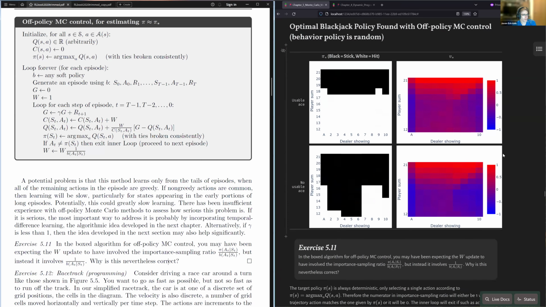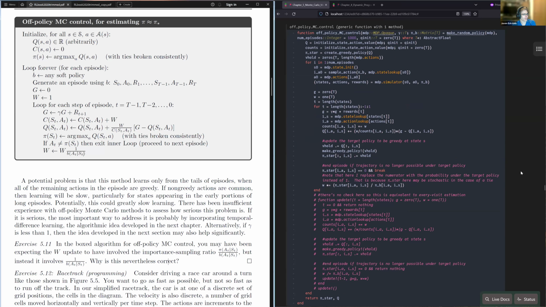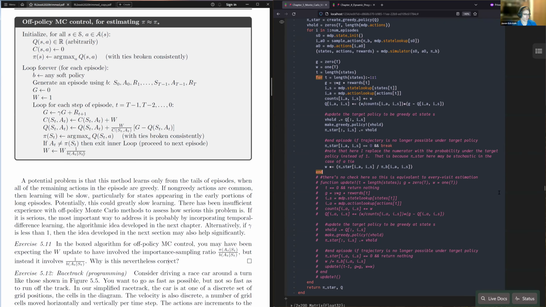Now, weirdly, in my code, that is not the case. Here's the W update. I actually do have the pi star in the numerator. The reason is that, let's say there were two Q action values that were equally high, then the optimal policy is actually equal probability for both actions.